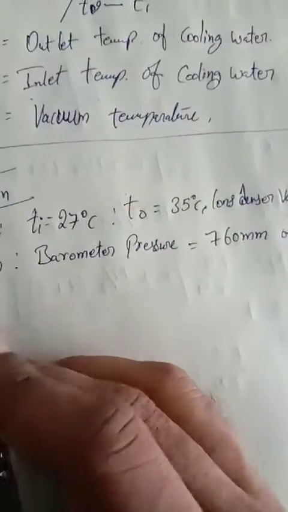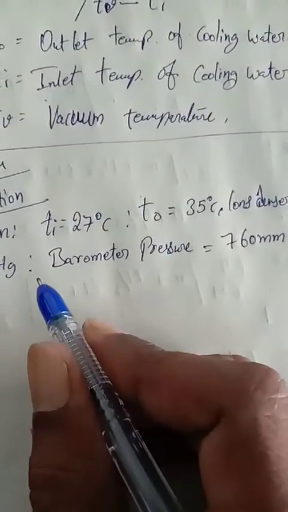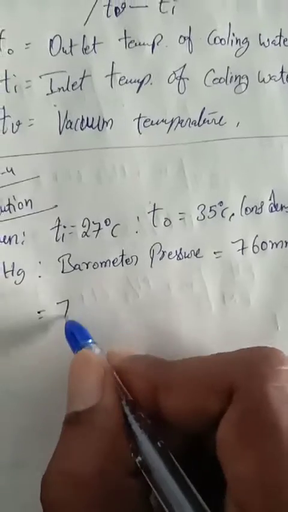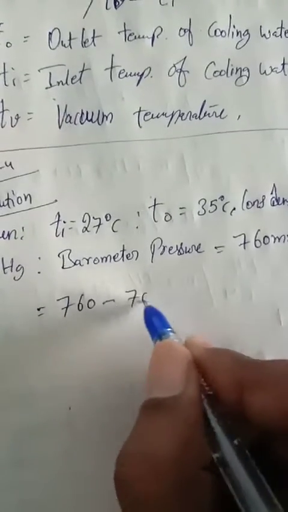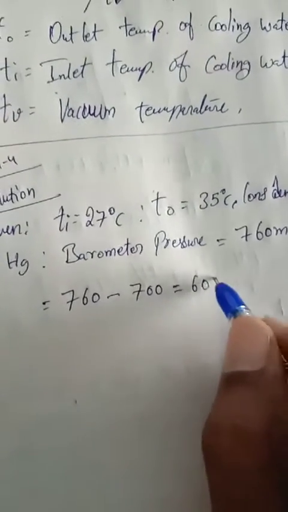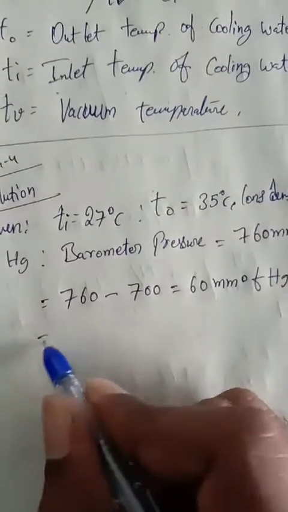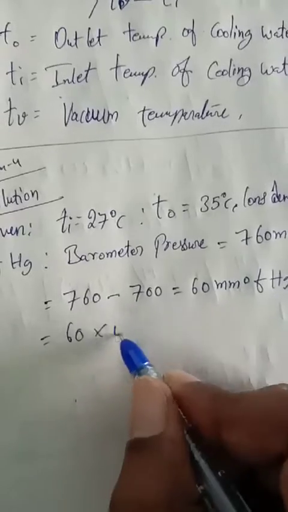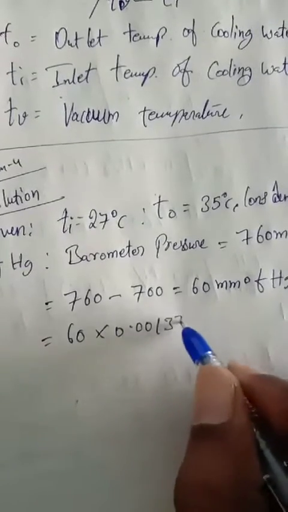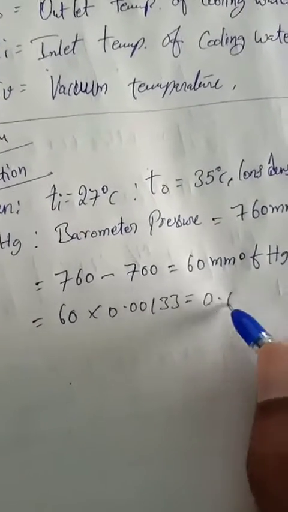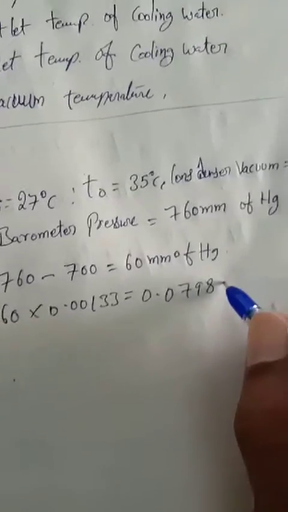So we know that the pressure in the condenser is equal to 760 minus 700, that is 60 mm of Hg. So 60 into 0.00133 is equal to 0.0798 bar.